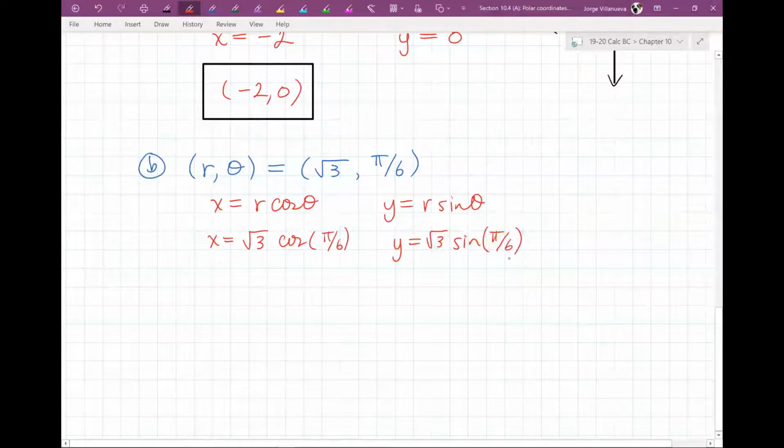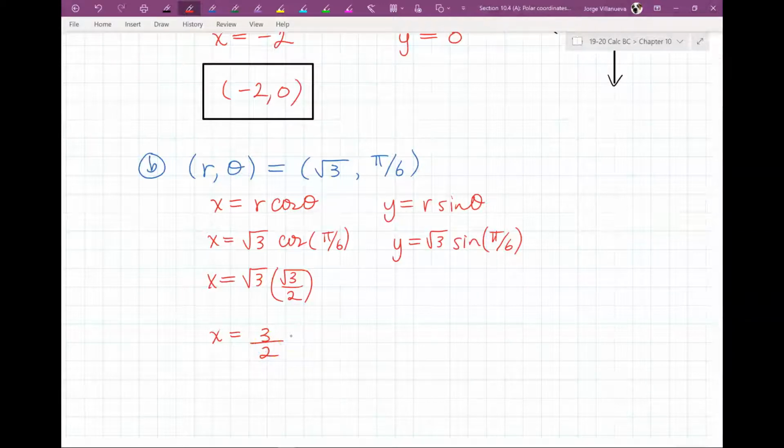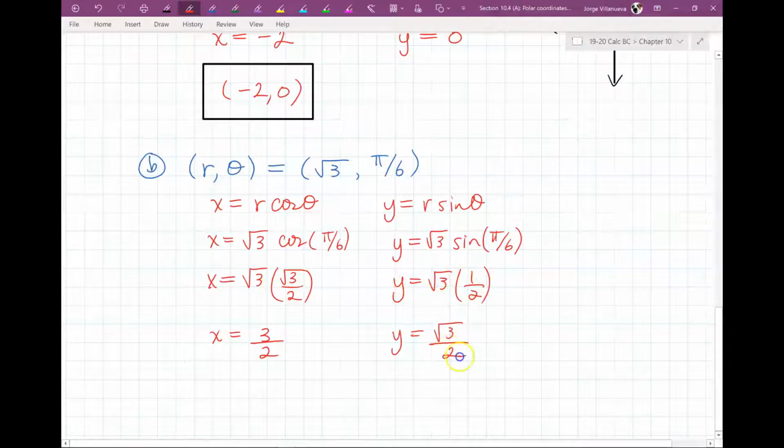Now, cosine of 30 degrees is radical 3 over 2, so this would be radical 3 times radical 3 over 2, which simplifies to 3/2. On the y side, sine of pi over 6, or 30 degrees, is one half. So y equals radical 3 times one half, so y is radical 3 over 2. So your rectangular point would be 3/2, comma, radical 3 over 2.